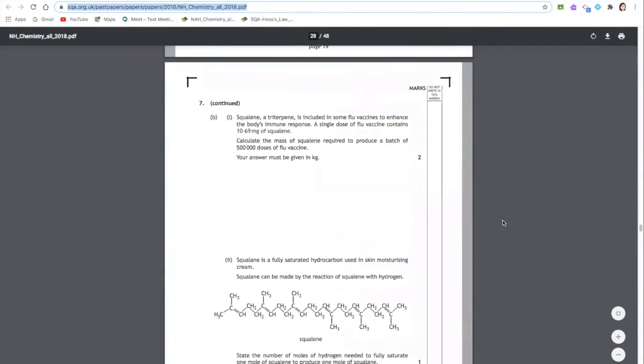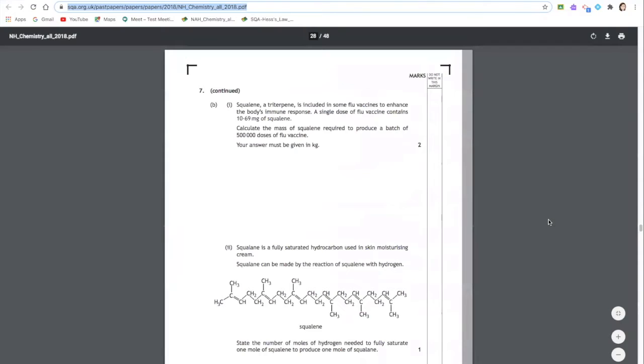Then B part 1, we've got a numeracy question here. So 1 dose of a flu vaccine contains 10.96 milligrams. And we need to calculate the mass of squalene required, for this mass here, to produce 500,000 doses of vaccine.